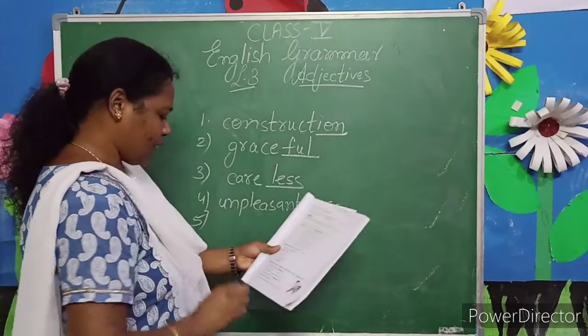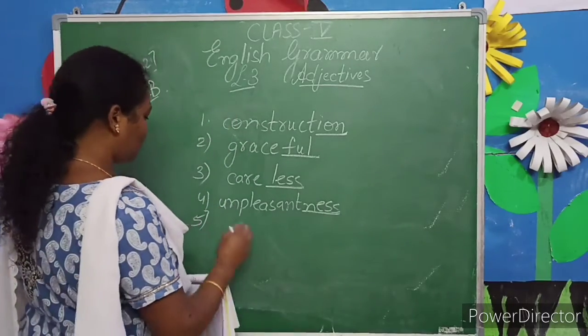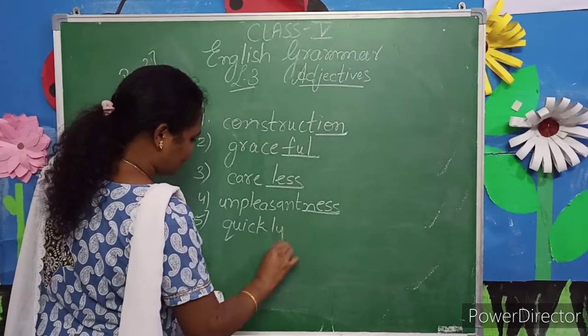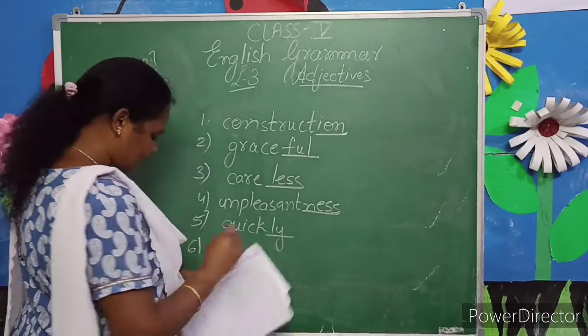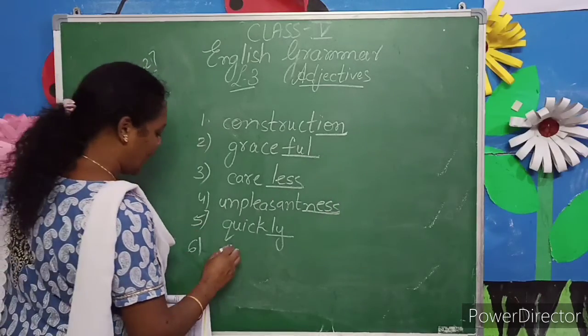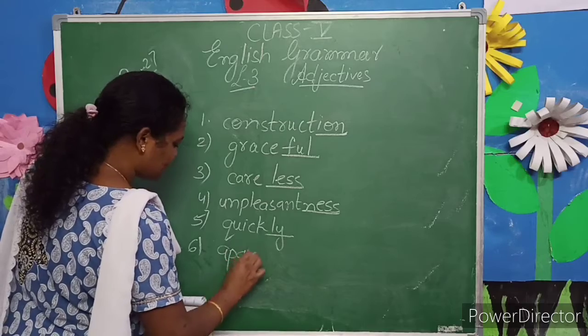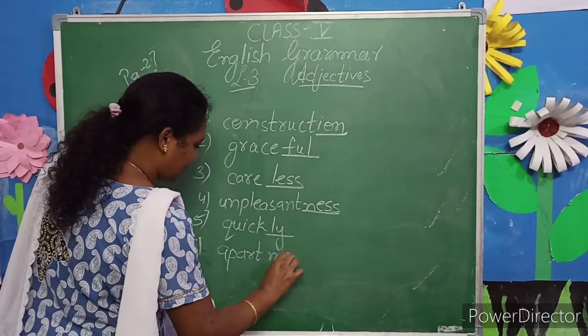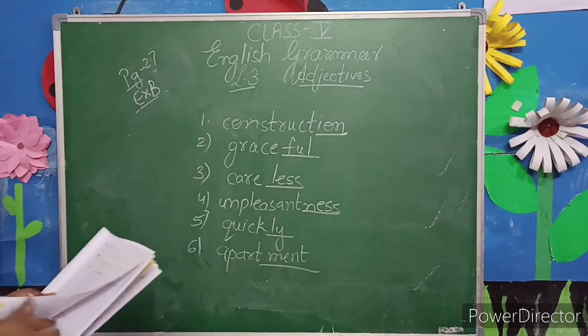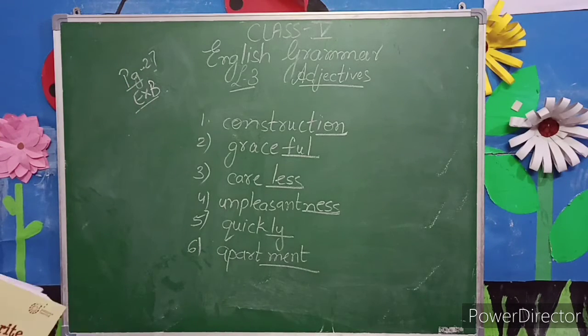Fifth one: he finished the job quickly. Quick, ly. And the sixth one, the last one: the loud music disturbed the residents of the apartment. Apartment. Note it down, children.